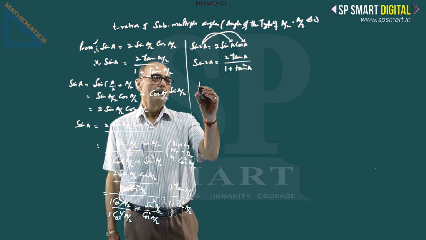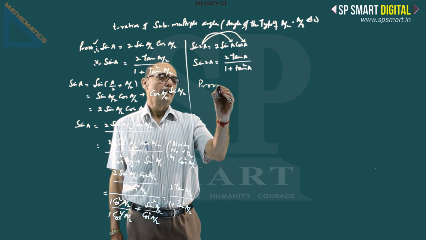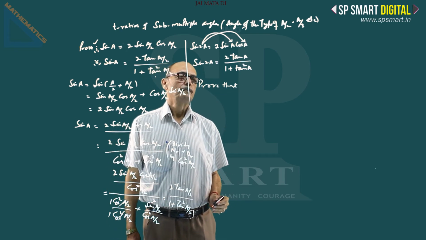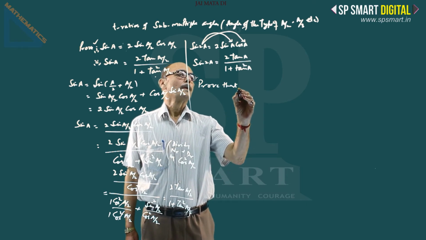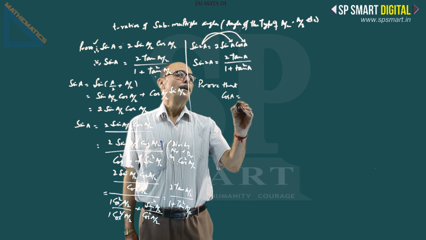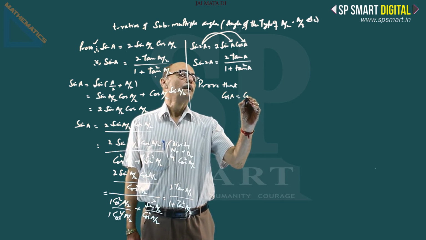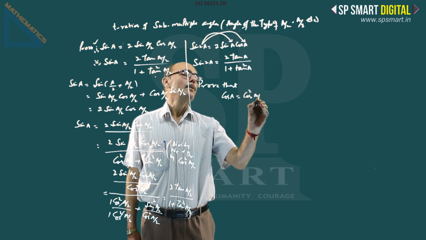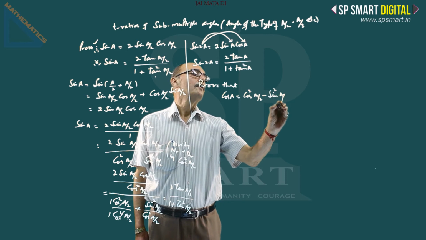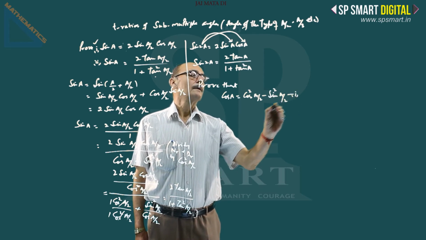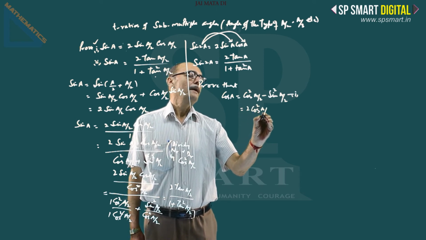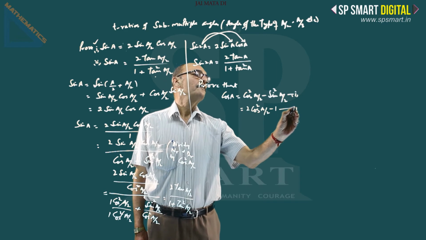Further, prove that cos of A equal to cos square A by 2 minus sin square A by 2. This is the first formula. 2 cos square A by 2 minus 1, this is the second formula.